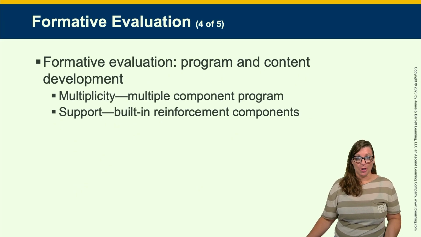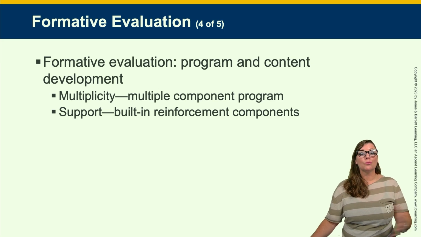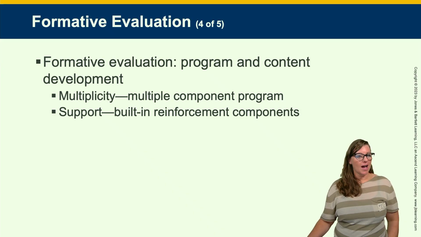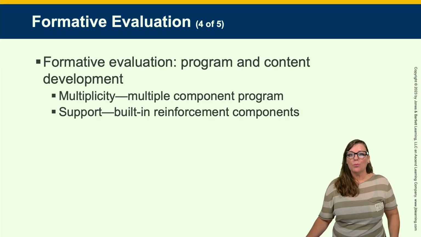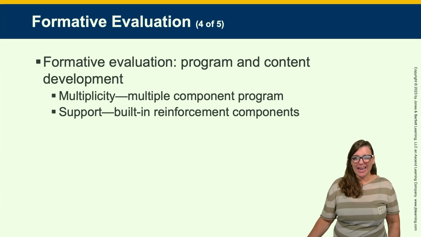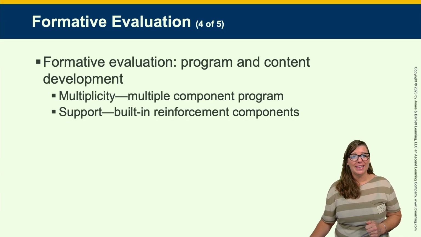Multiplicity and support. Programs often need multiple strategies and reinforcement to be successful. One flyer is not going to change behavior. We've all seen the one flyer. It's good, but it's not great, and it's certainly not motivating me by itself to make a change.